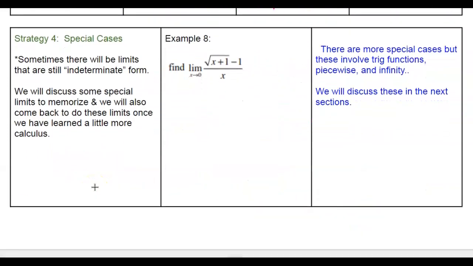All right, there are some special cases that look like this, and they typically involve radicals, okay? Trig functions will also be special, piecewise, limits at infinity, but the first special case that we're going to talk about are roots. It's usually a root plus another root or a root plus another number or minus, but it's two different terms. And so we're going to call this the conjugate strategy.